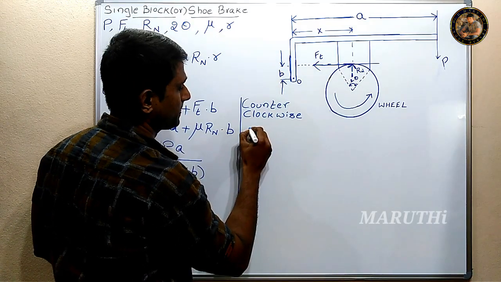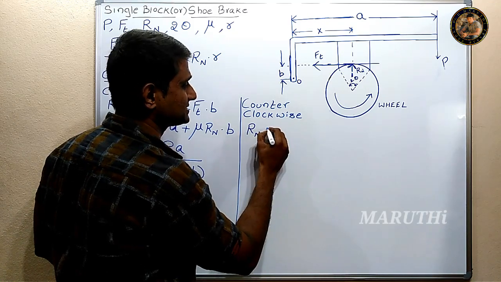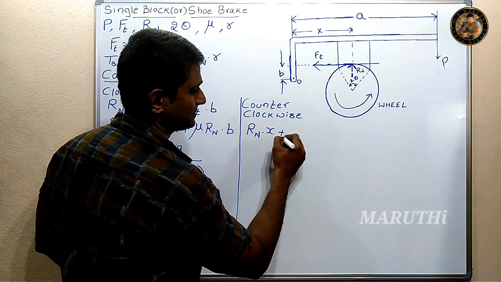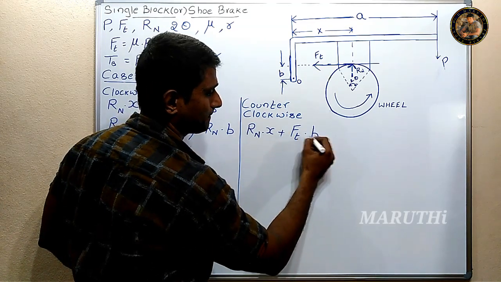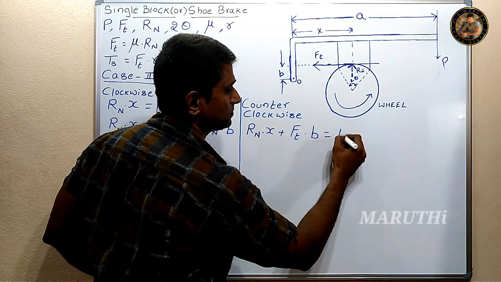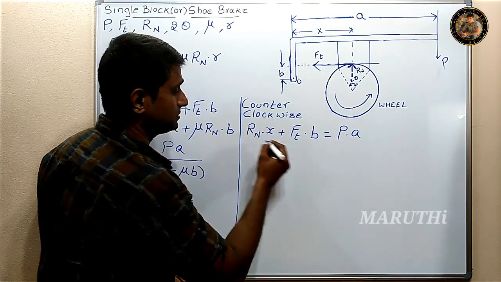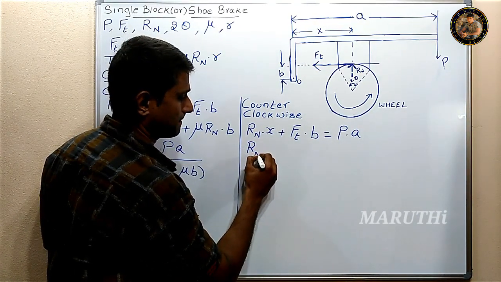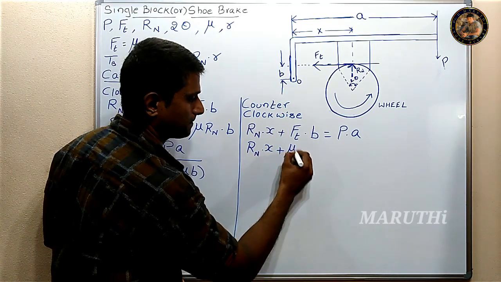So therefore, Rn into x plus Ft into B equals P into A. And from this, Ft is equal to mu Rn.